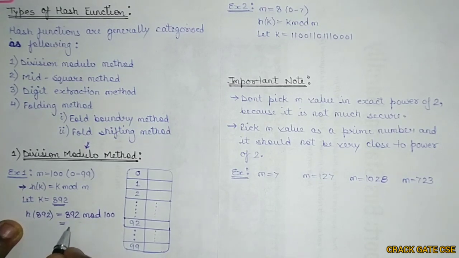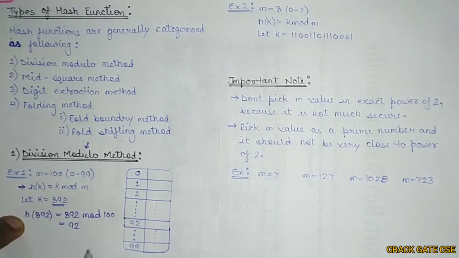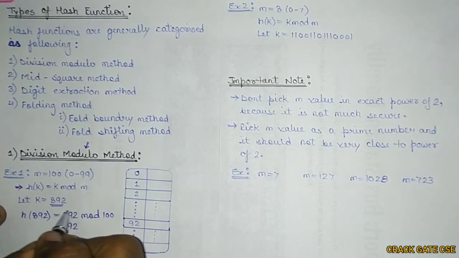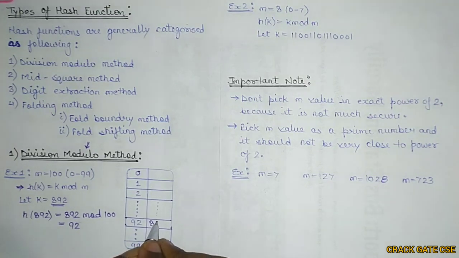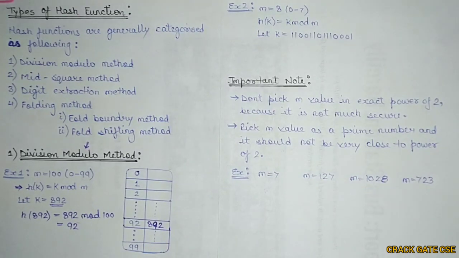So what will be the remainder? 92 will be the remainder. That means this key value 892 is to be mapped at the 92nd place. That means 892 will be here. So this is the division modulo method.